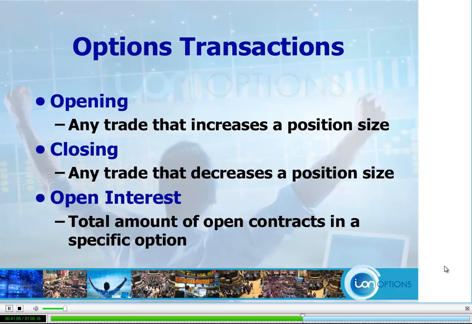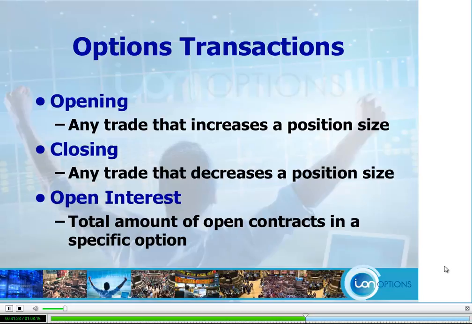Open interest can be large in some situations. Open interest can be small in others. You will hear people tell you that open interest is a determining factor of liquidity. They would be wrong.